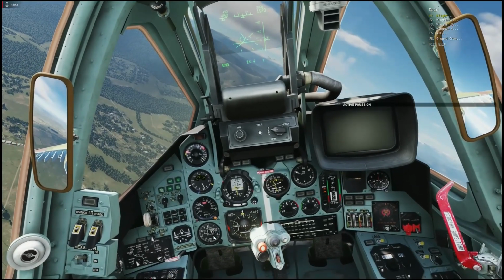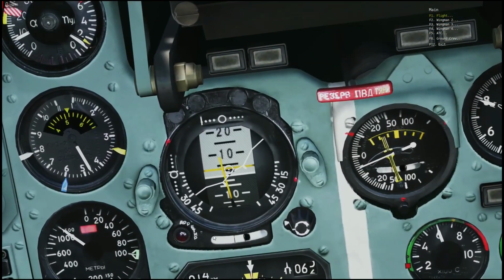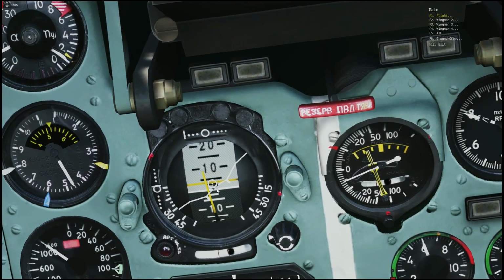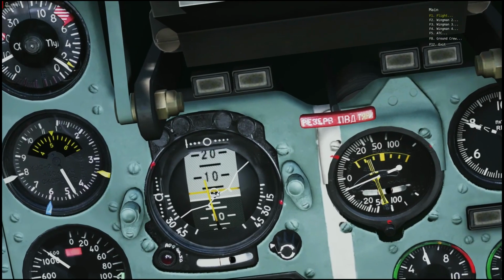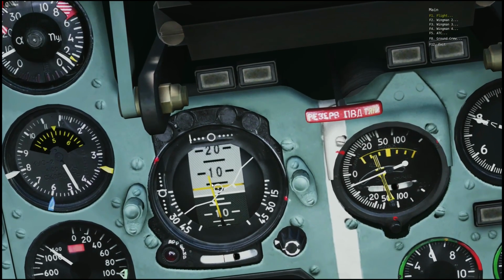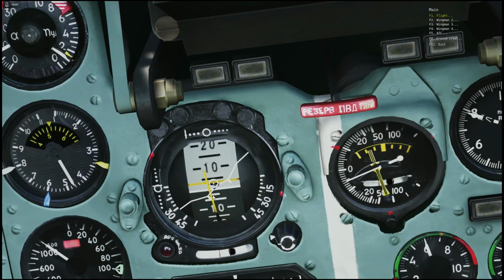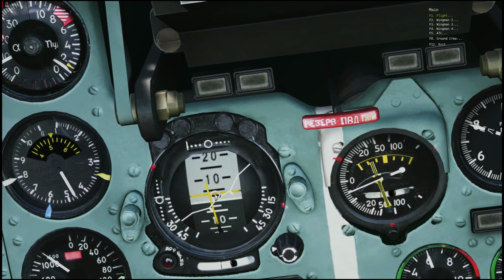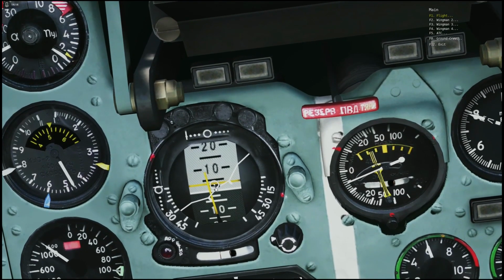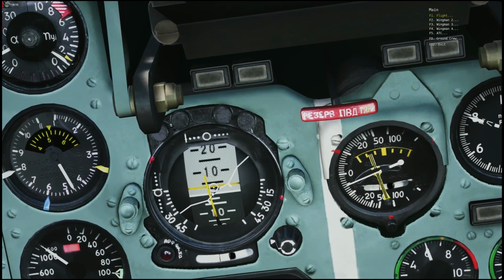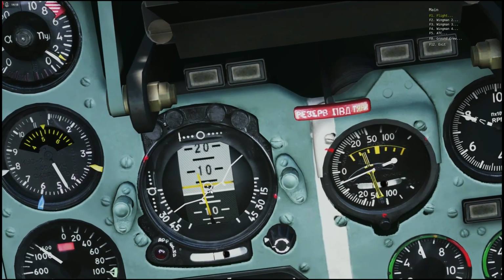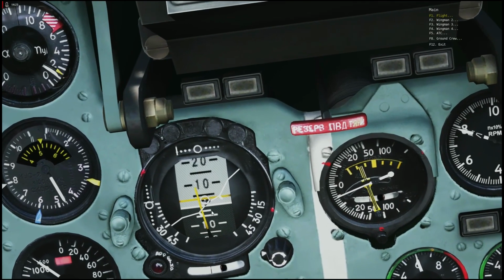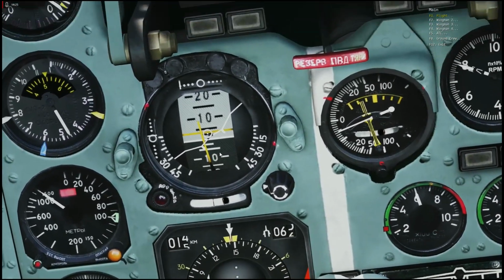So if we take a look now at my ADI, I need to keep making a left roll until this vertical line hits the center of my aircraft symbol here. When I have enough roll, that line will be centered, therefore I need to maintain that roll.